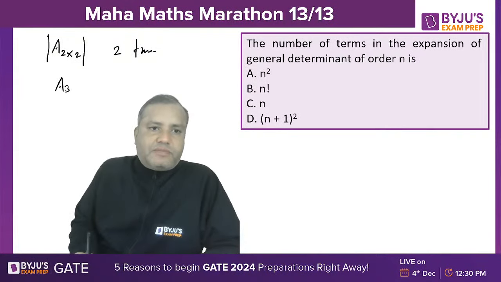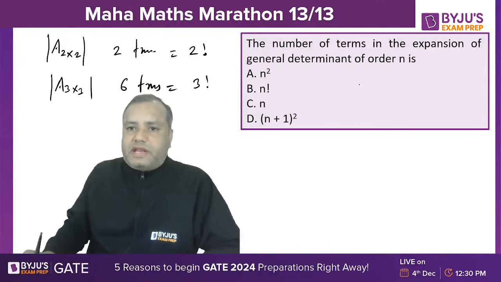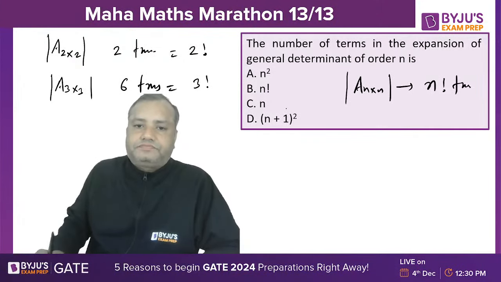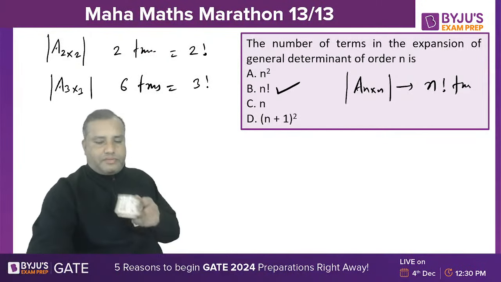When you solve the determinant of a 3 cross 3 matrix, you will get 6 terms. 2 terms means factorial 2, 6 terms means factorial 3. So if you are solving an n cross n determinant, it will have factorial n number of terms.